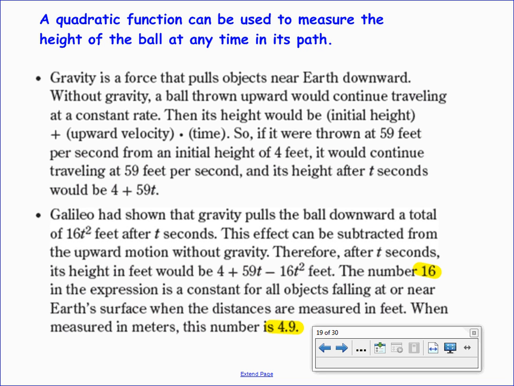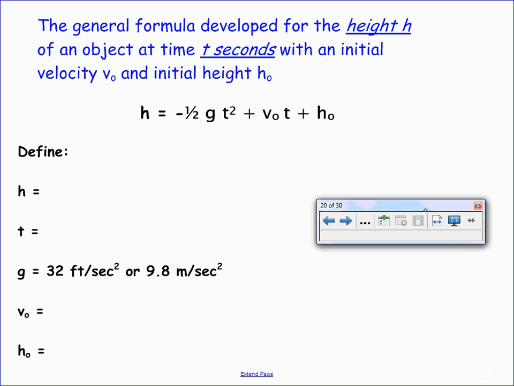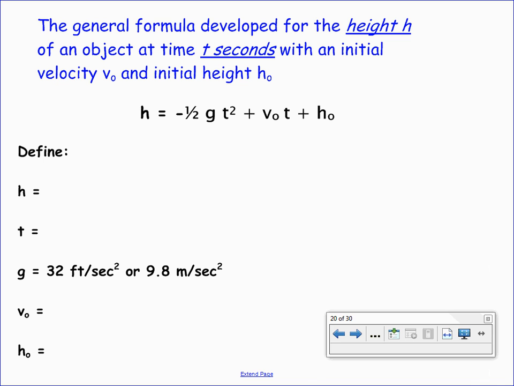We're going to go ahead and generate the equation for a general projectile based on the acceleration due to gravity and initial velocity that's imparted upon that object. And so we're going to skip over that slide and get right to our general form for the quadratic equation. The general formula developed for the height h of an object at time t seconds with initial velocity v sub 0 and initial height h sub 0 is given by h equals negative 1/2 g t squared plus v sub 0 times t plus h sub 0, where h is the height of that object at any time t.